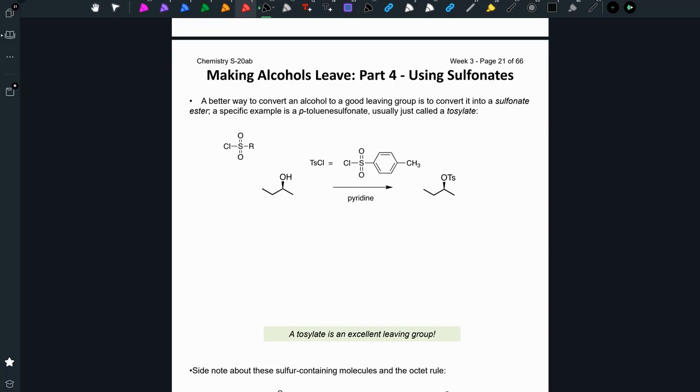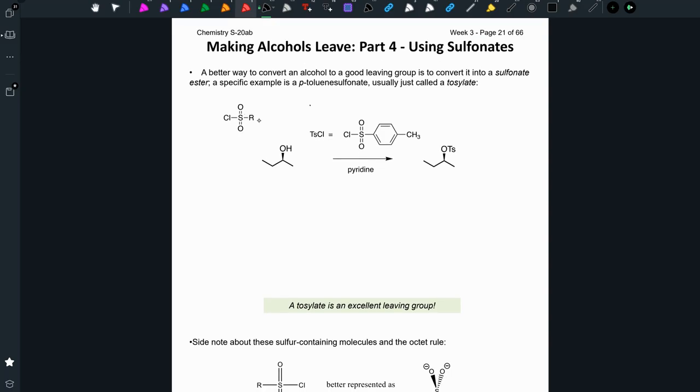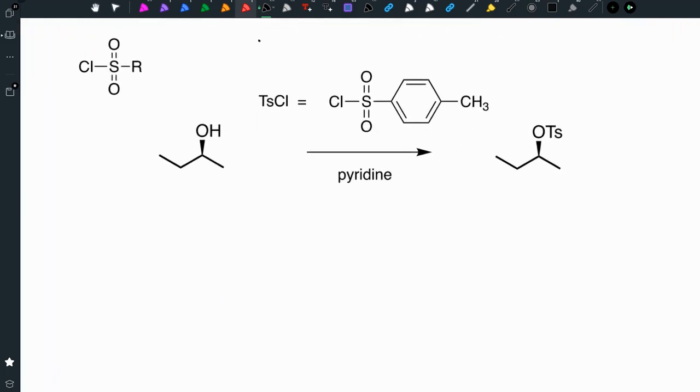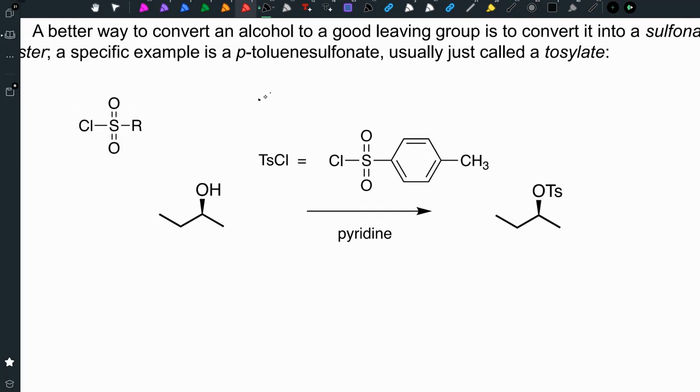Another one is called mesyl chloride, or MsCl, might be one you run into. Similar structure, just a different R group over here on the other side of the sulfur. Again, like with thionyl chloride, we're going to have our oxygen lone pair attack sigma star SCl.